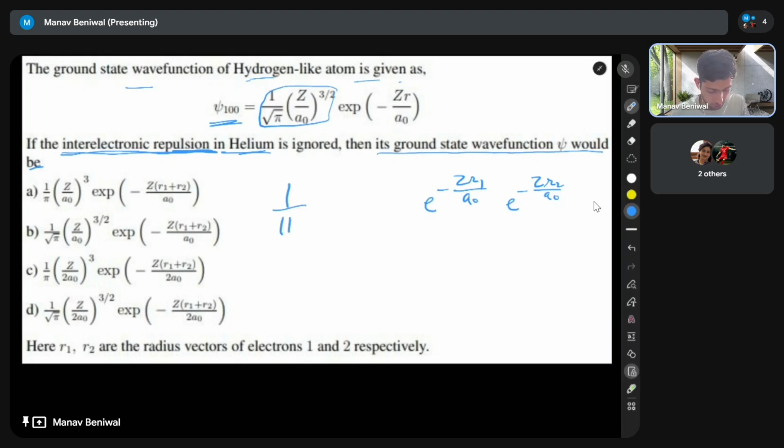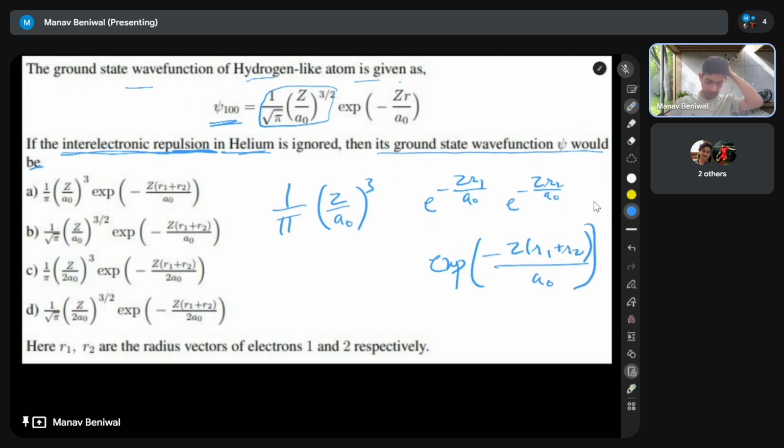So 1 over pi, z by a naught cubed, multiplied by this thing. This again we can write as just one exponential, minus z (r1 plus r2) by a naught. Okay, which means option A.